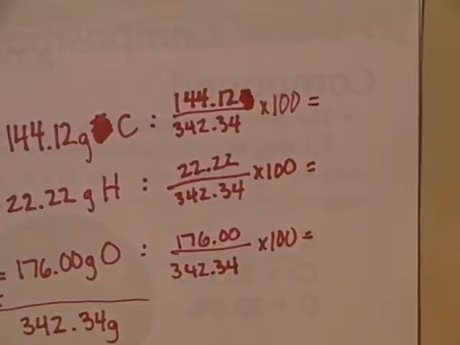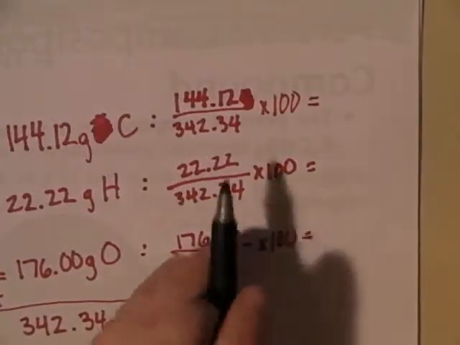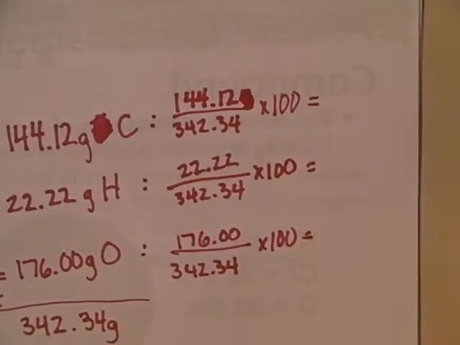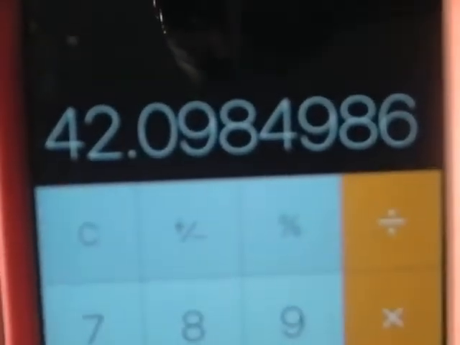And let's do some calculating. All right. So first one, 144.12 divided by 342.34 times 100. Notice in all of these we can keep 2 past the decimal. So for my first one, this is what my calculator tells me.